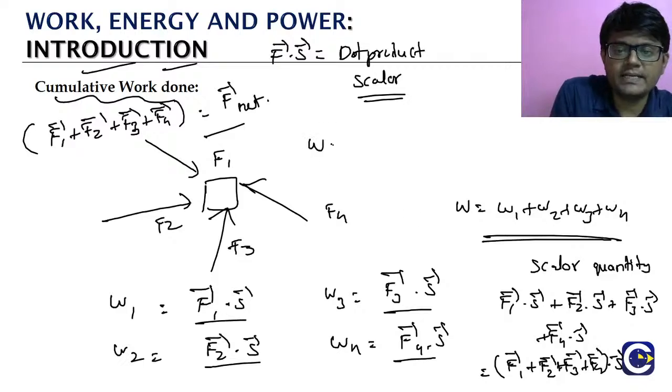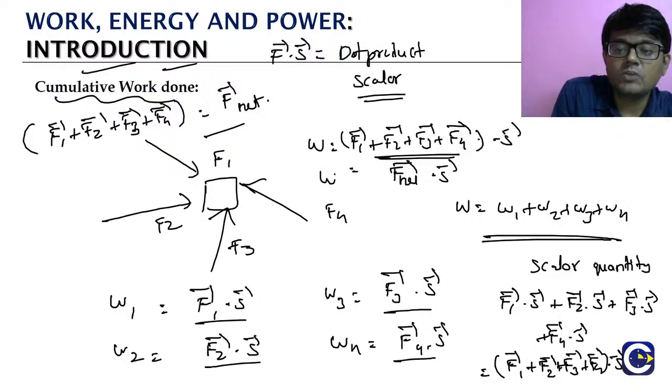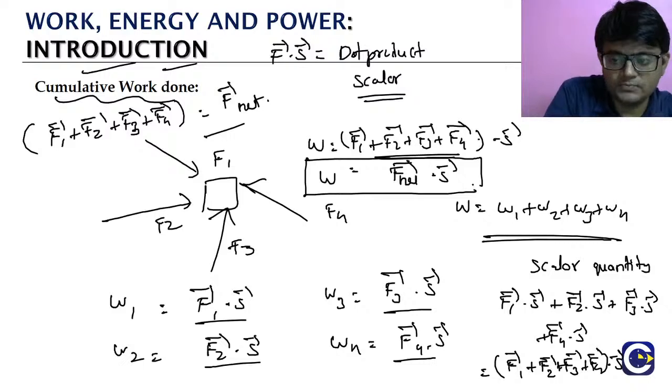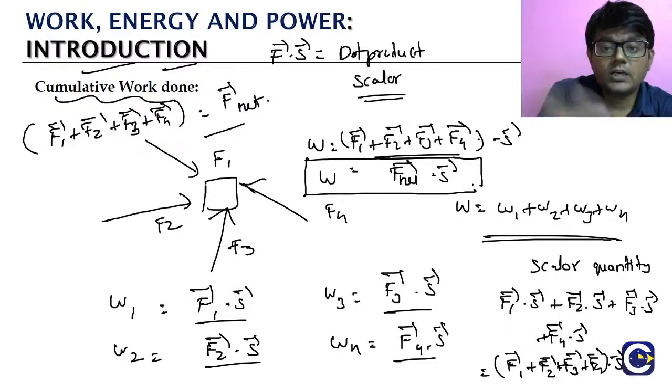So the cumulative work done is given by F1 plus F2 plus F3 plus F4, whole dot S. But this F1 plus F2 plus F3 plus F4 is the F net, right? So cumulative work can also be calculated by using the net force. Net force dot displacement vector will give us the cumulative work.